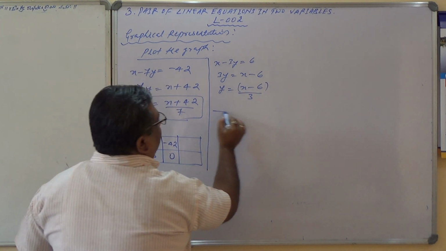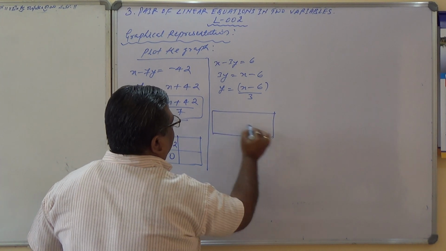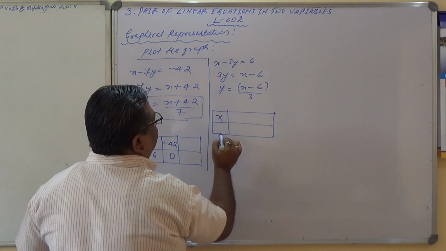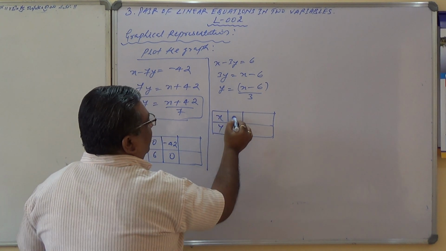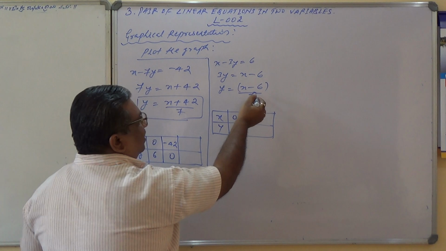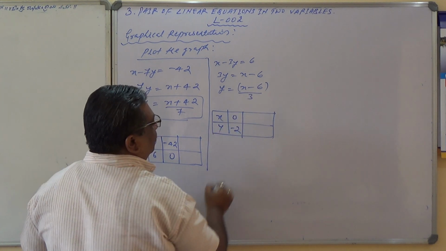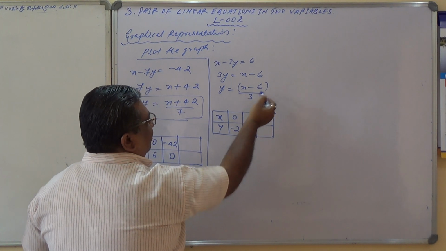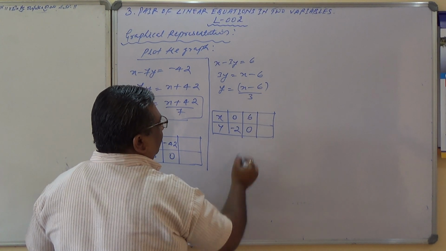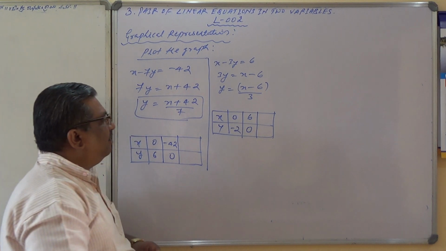Truth table, x, y. Here let me take x equals 0: minus 6 divided by 3, minus 2. And x equals 6: 6 minus 6 is 0, divided by 3, 0. These two are enough for me to plot the graphs.